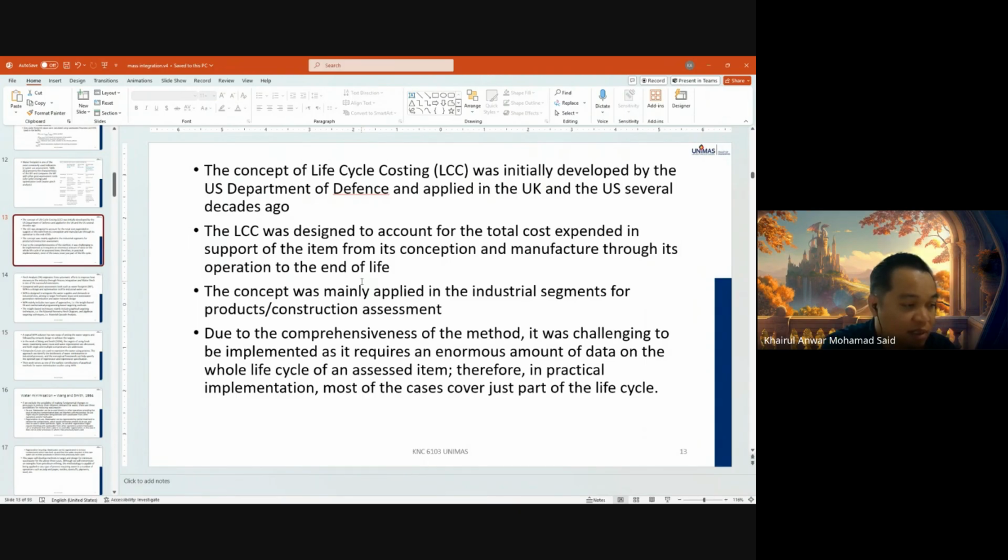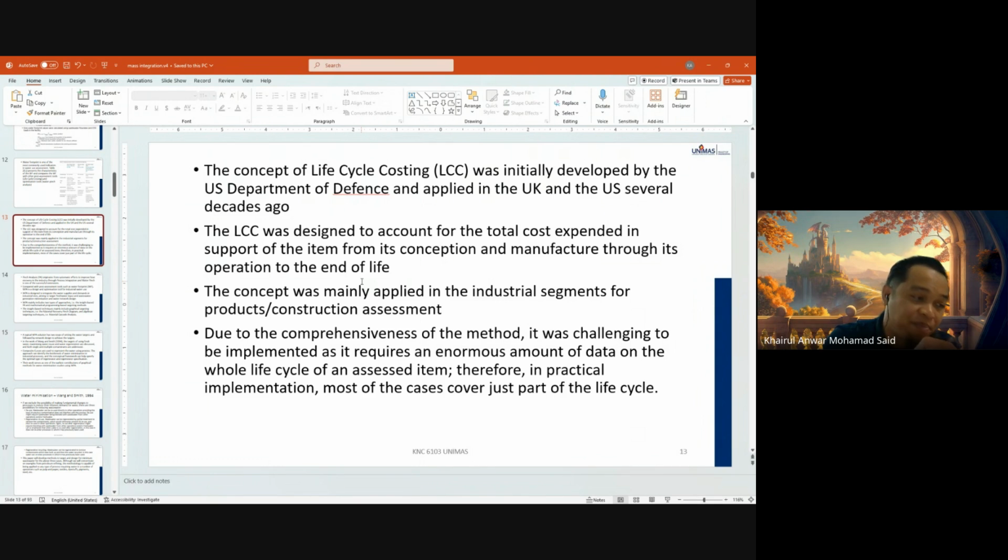Life cycle costing was developed by the US Department of Defense to calculate the absolute total cost of a product or system over its entire lifespan, from conception to manufacturing.